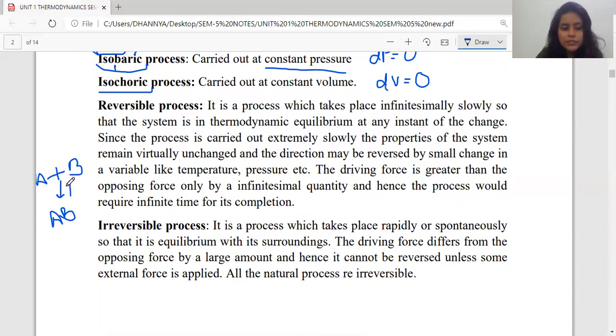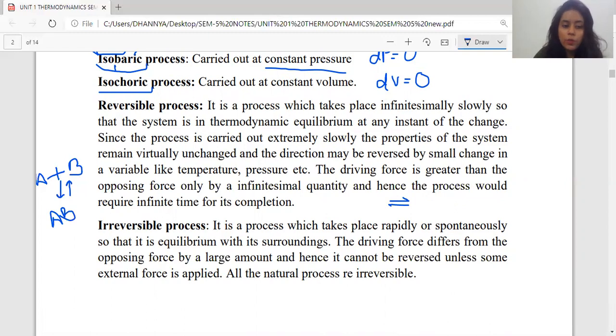If this AB can slip back again to A and B individual states, then that type of process is called a reversible process. Reversible processes are generally indicated by two half arrows, meaning that if the reactants have combined and resulted in the product, the product can again slip back to the reactant stage.